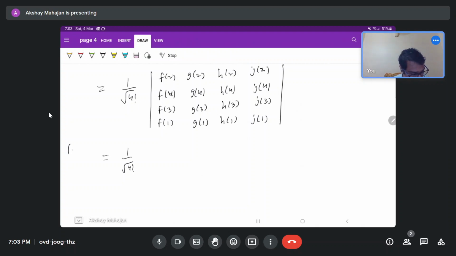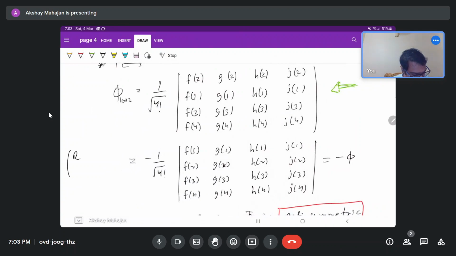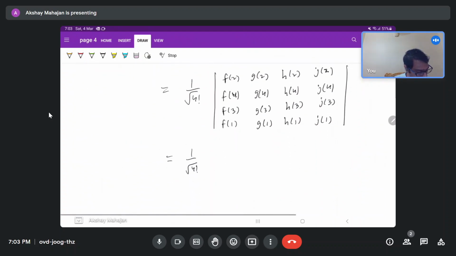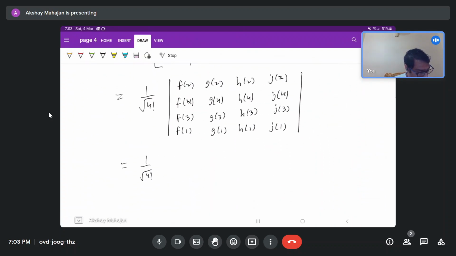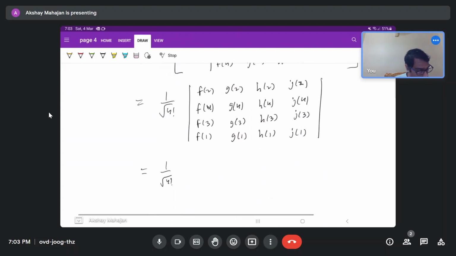So let's interchange row 1 and row 2. I interchanged row 1 and row 2 and got the minus sign. Here I need 1 on the top, so one thing I can do is just reverse the same permutation.